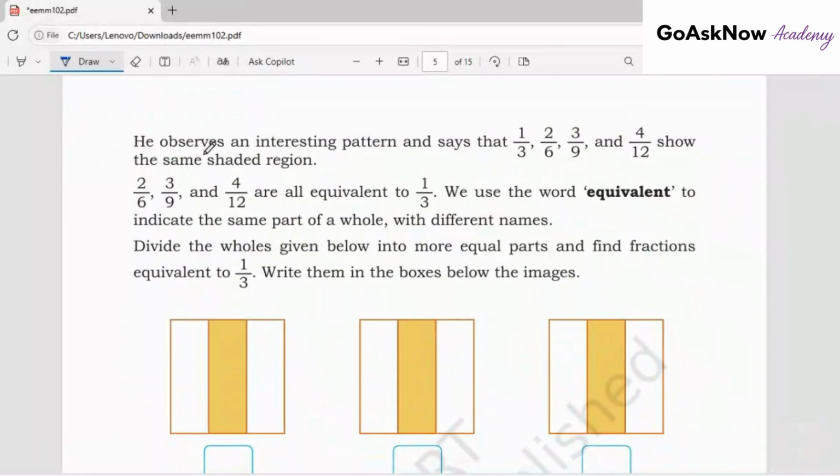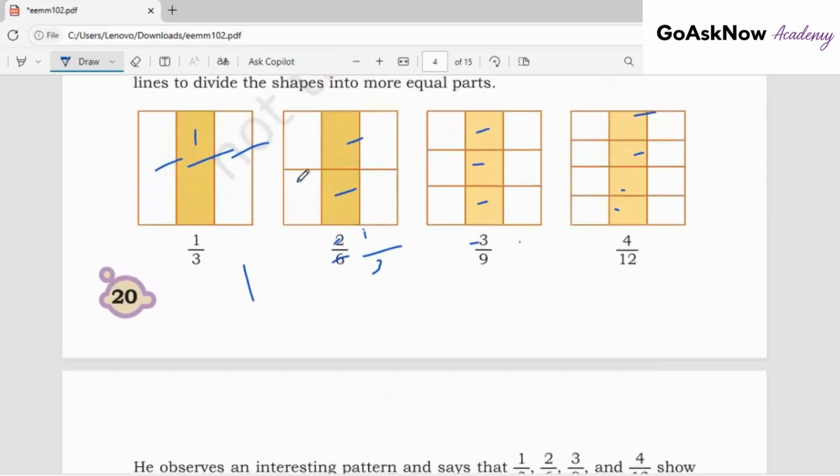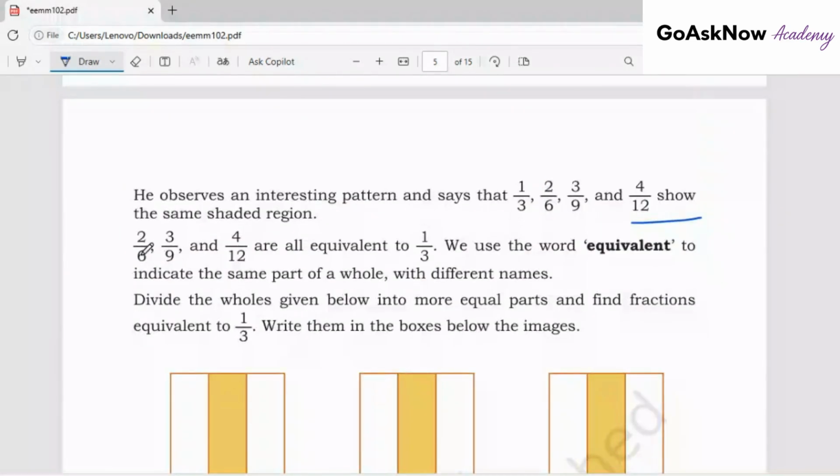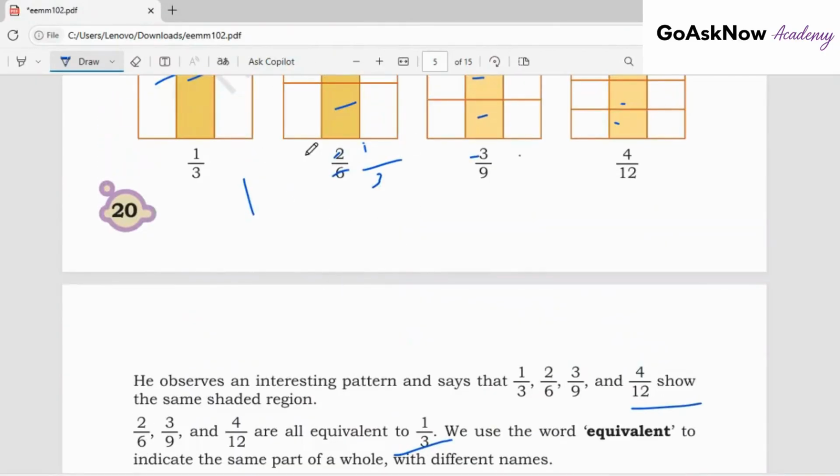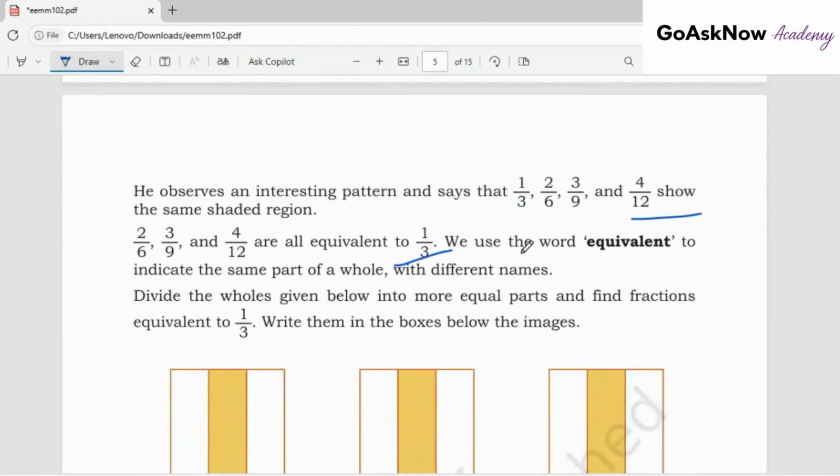Here he observes an interesting pattern and says that 1 by 3, 2 by 6, 3 by 9 and 4 by 12 show the same shaded region. 2 by 6, 3 by 9 and 4 by 12 are all equivalent to 1 by 3.